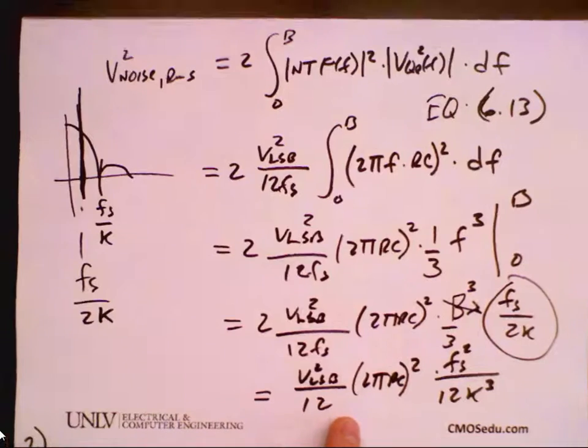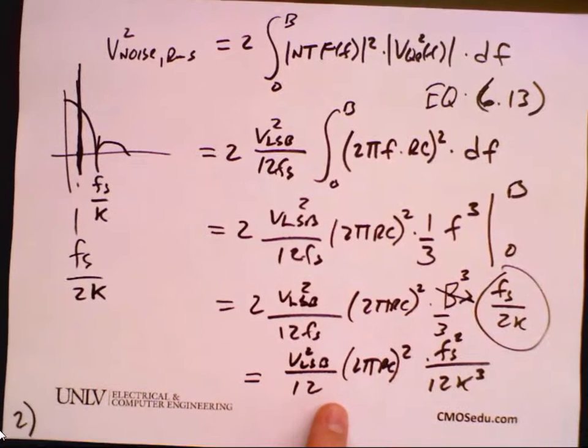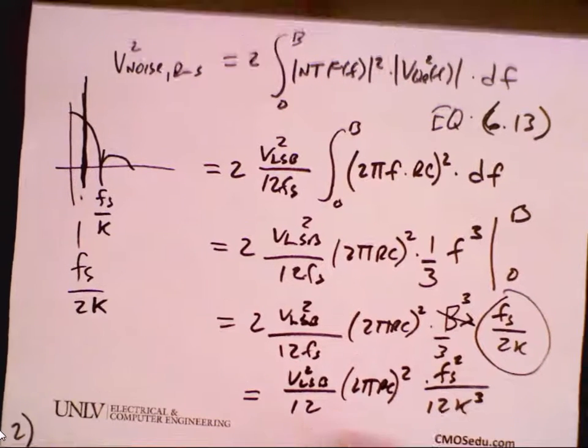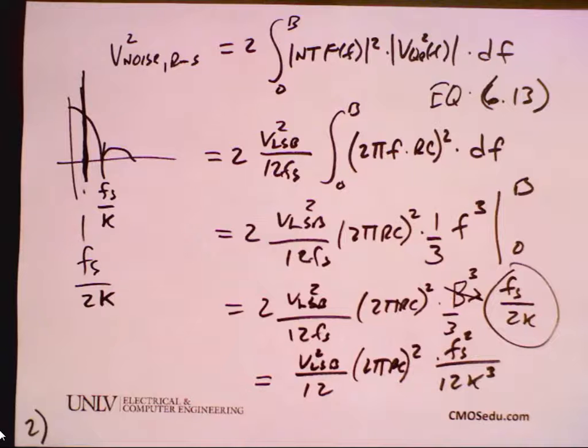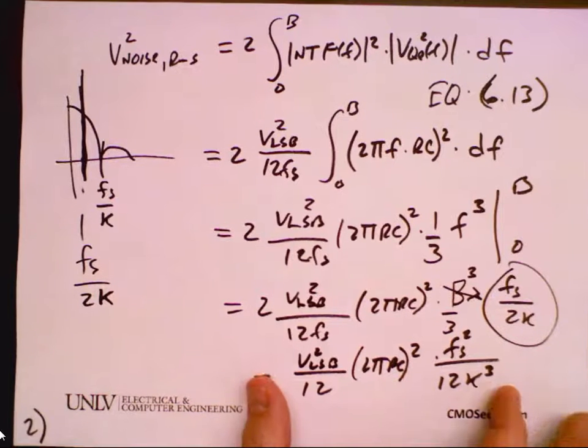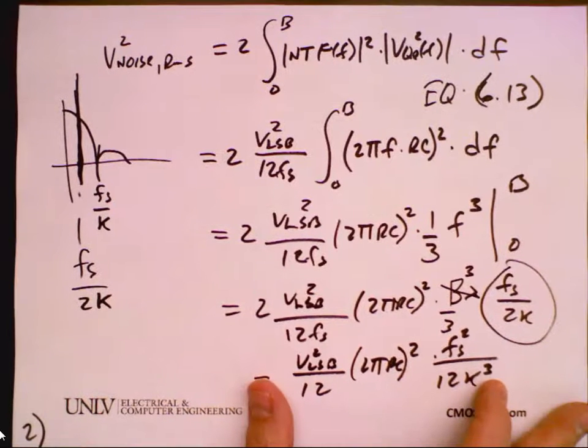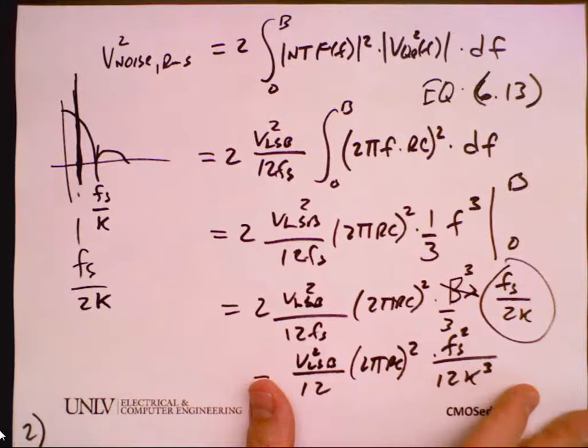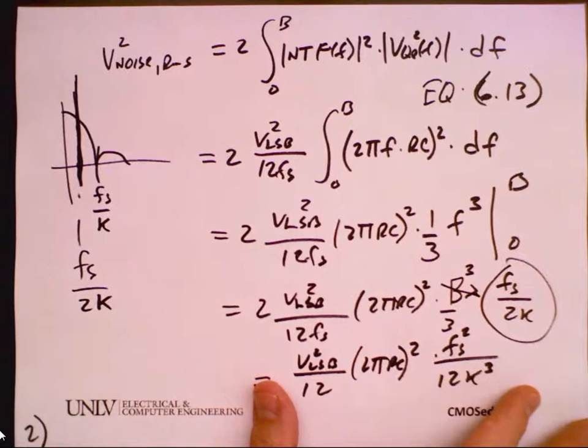So now what I'm going to do is take this and plug it into my equation for SNR, and then I'm going to try to get an idea for how my SNR changes as I increase K. Okay, so I'll take this.